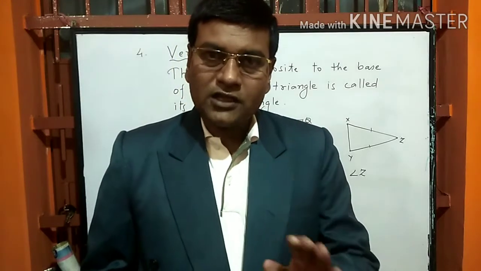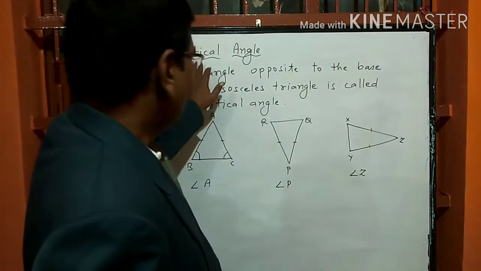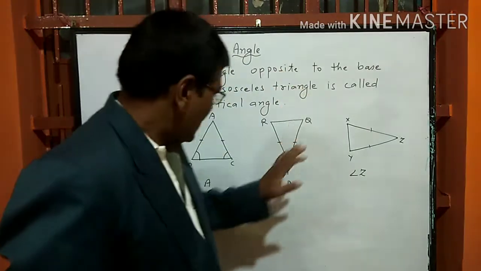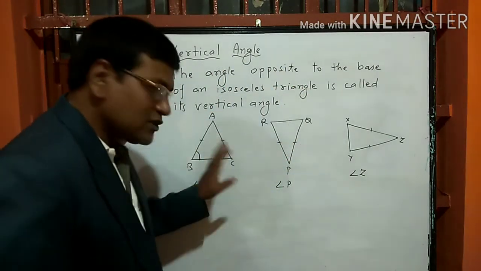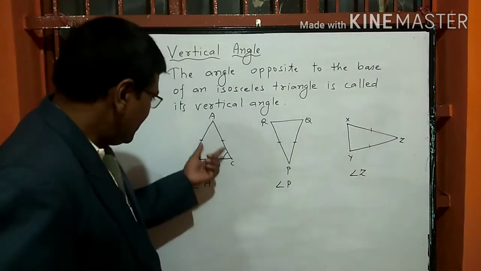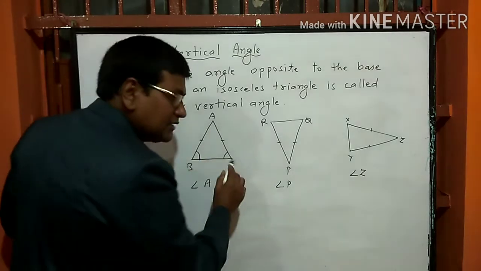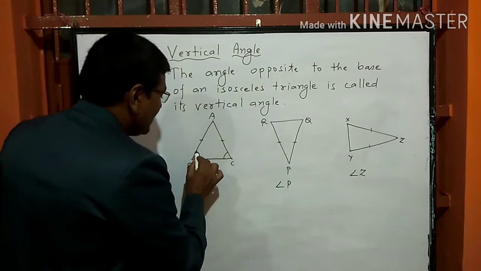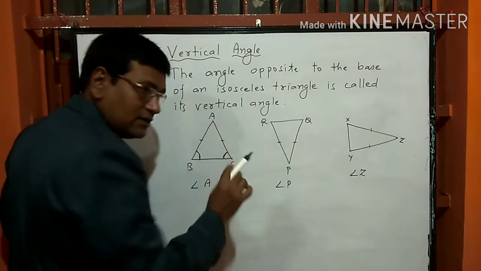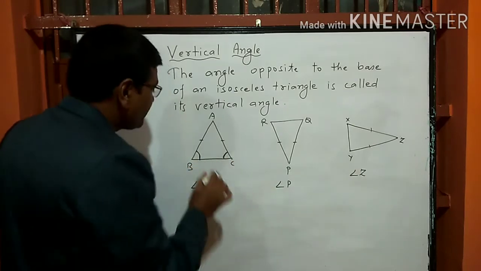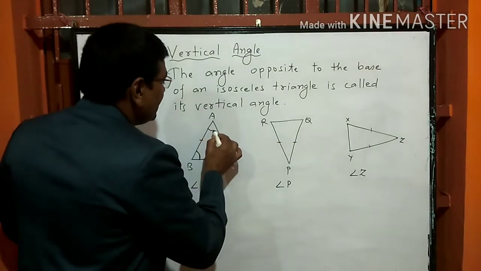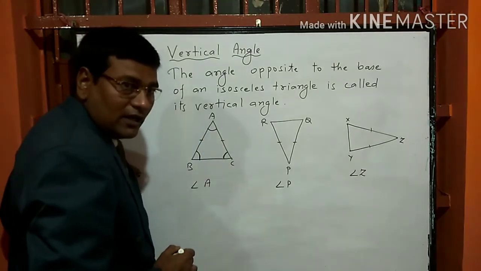Now next point is vertical angle. You know that ABC is an isosceles triangle in which sides AB and AC are equal, and side BC is called base. Angle B and angle C are called base angles. The remaining angle A is called vertical angle.